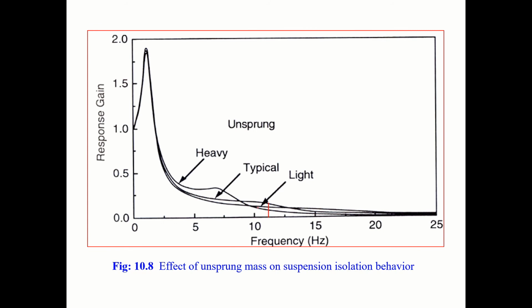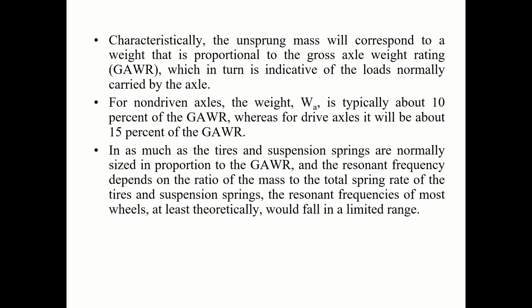If it is very light, it is like this. If it is heavy, it is like this. So normally, I think I have shown the percentage. For non-driven axles, the weight W is typically 10% of the gross vehicle weight, whereas for a drive axle it will be about 15%.